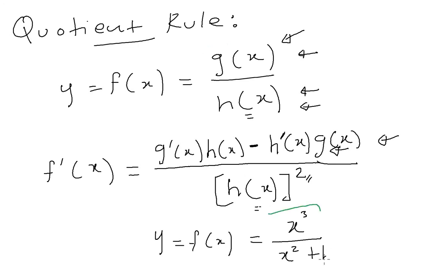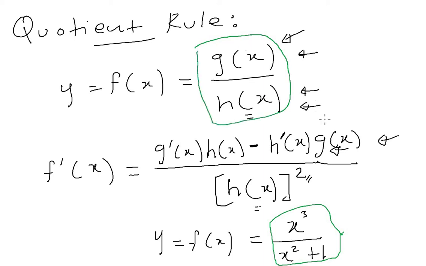So the function is like this, and the quotient rule is also like this. The format is like this as well. So definitely on this function you can apply this quotient rule, right? This rule can be applied to this function.